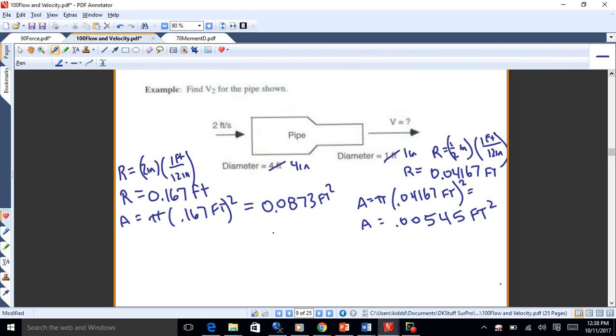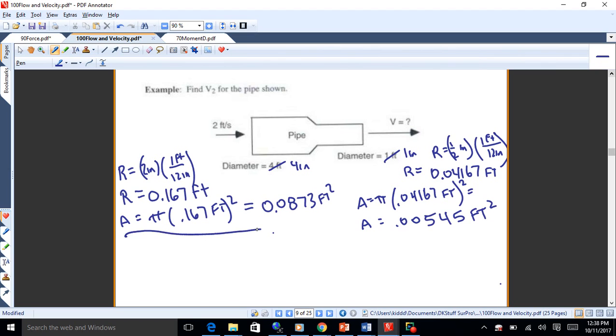All right, 0.0873 and 0.00545, something like that. All right, so we start with that, and then once we've got that, you'd want to find the flow rate coming in.